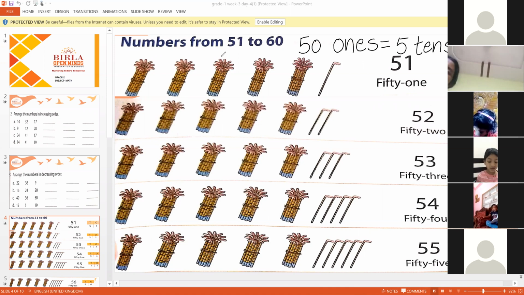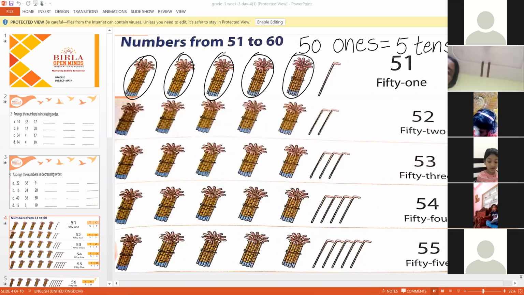Okay? And children, you can see here in your book at the bottom of page number 120, you can see that there are 5 groups, or you can say there are 5 bundles of sticks. You can see here, this is the first group, second group, third group, fourth group, and this is fifth group.